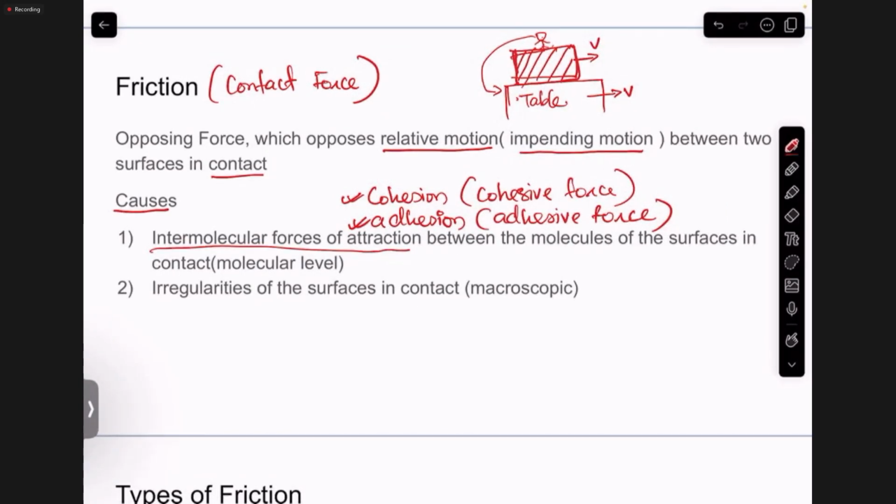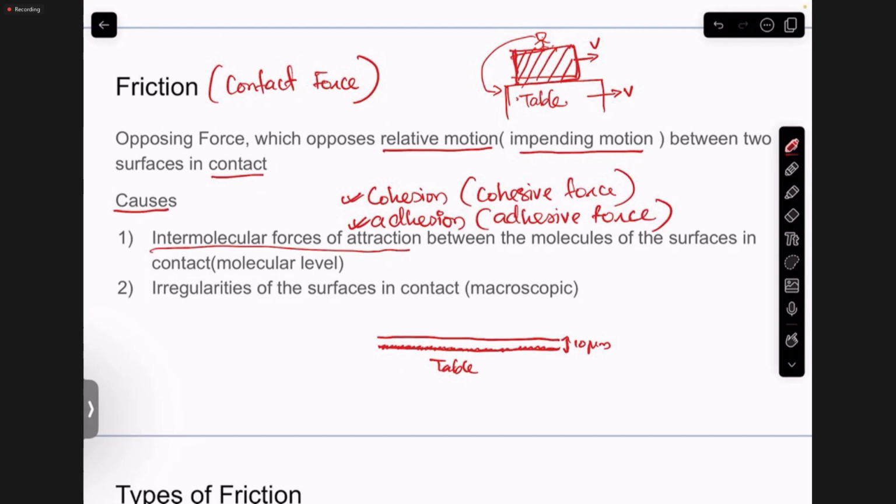So friction. This irregularity is like this. This is the surface of the table. There will be small irregularities over the surface of the table when you use a magnifying glass. And you have a book over here, and this gap is maybe 10 micrometers, a very small gap that you're seeing.